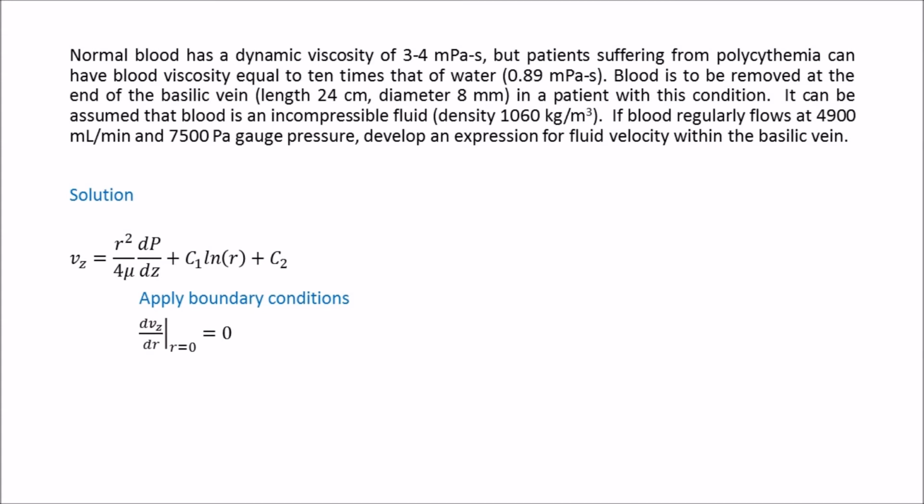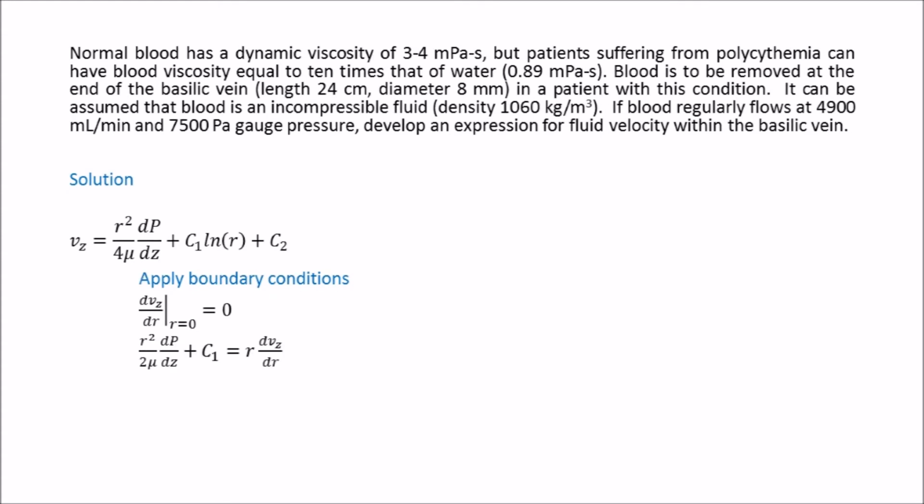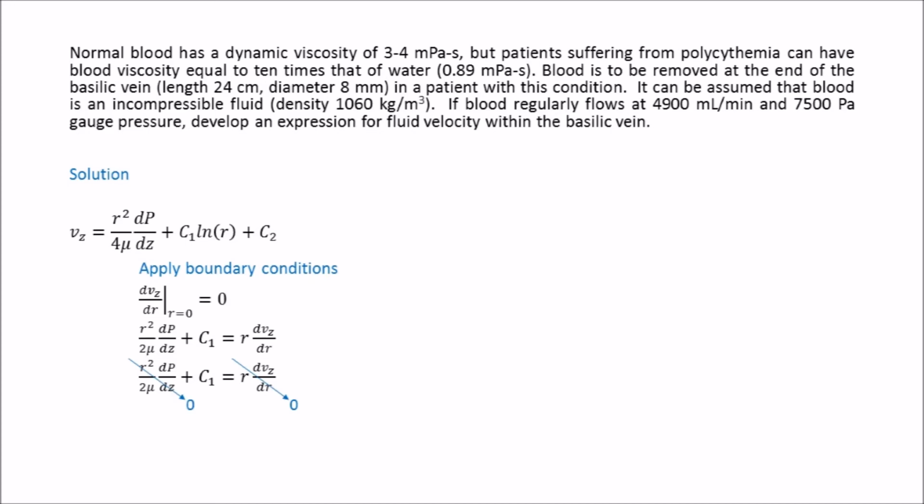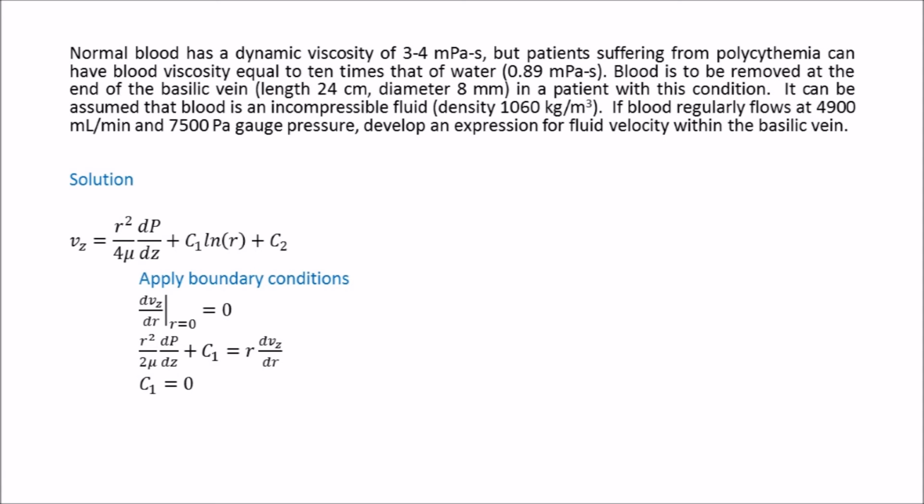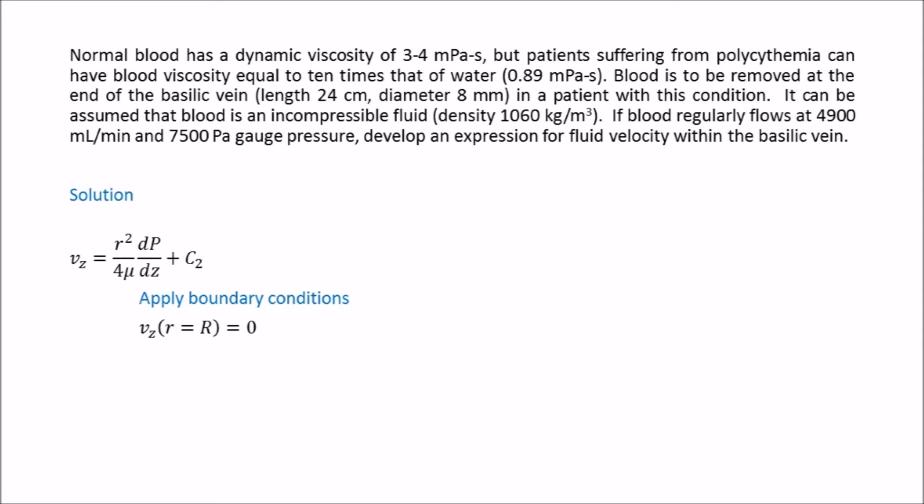Using the condition that the first derivative of Vz at the center line is 0, and applying this to the result of our first integration with r equal to 0, all terms except for our constant result in 0, which tells us that C1 is equal to 0. We can then simplify our expression for Vz and apply our second boundary condition.